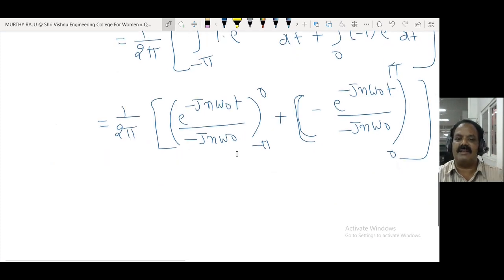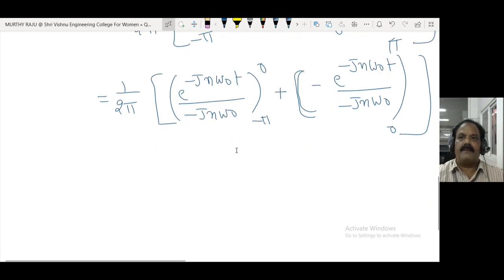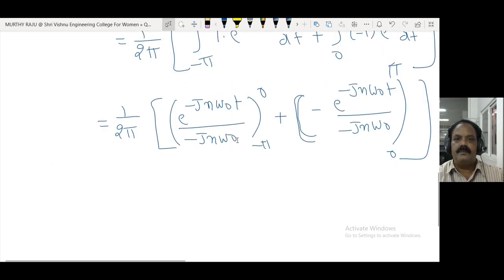Substitute these values in that equation. 0 is substituted here. j by n omega naught is a common term: 1 by 2 pi j n omega naught.